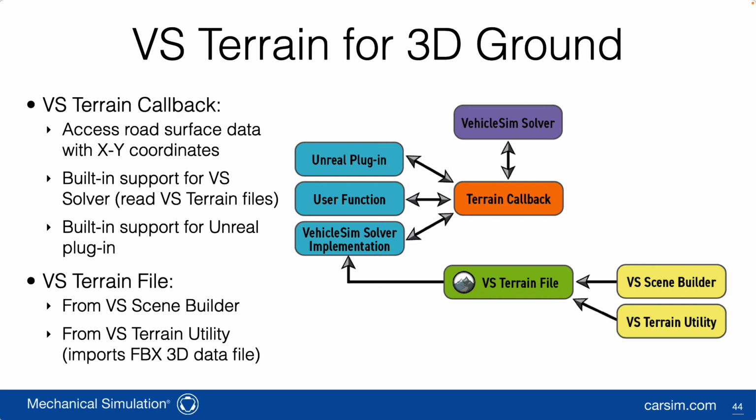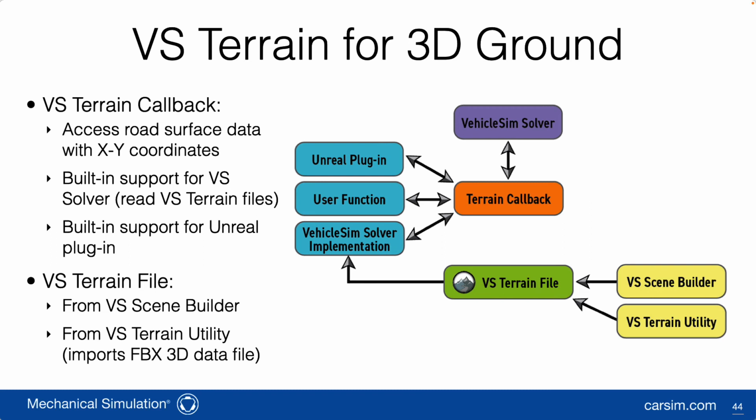These are XYZ coordinates, and for each XY point, there's a corresponding Z and also a friction and also a tire rolling resistance coefficient. So the main reason that these exist is to support Unreal and other sources of data.